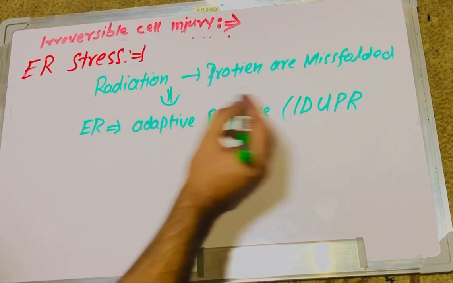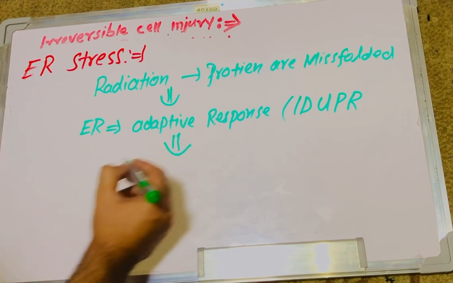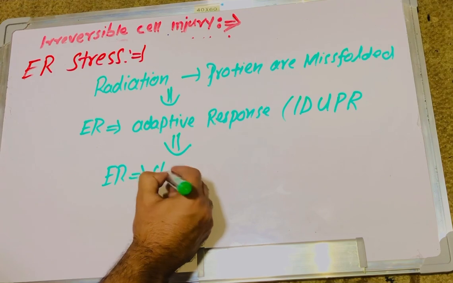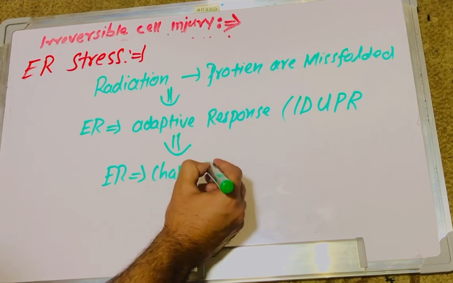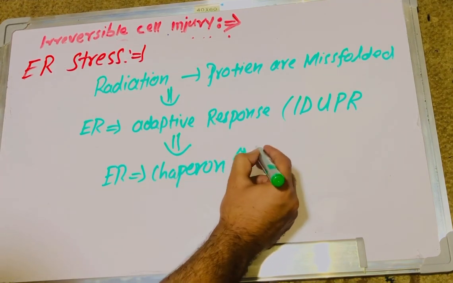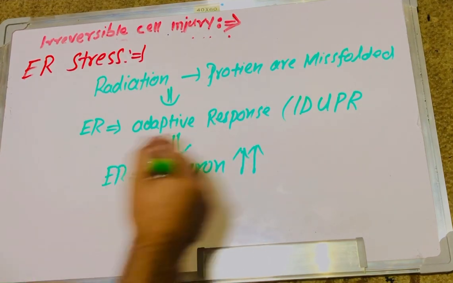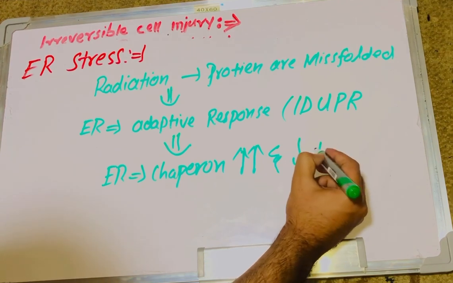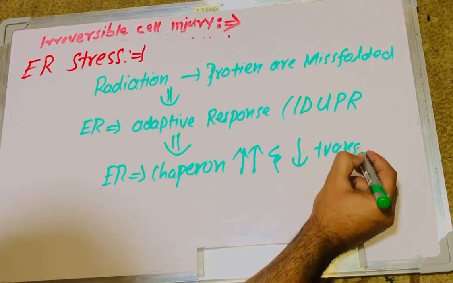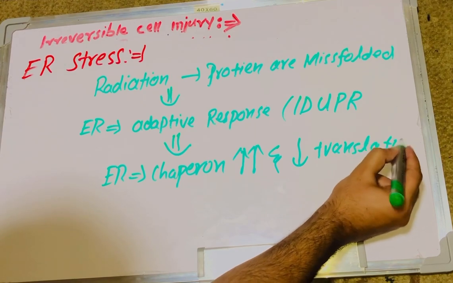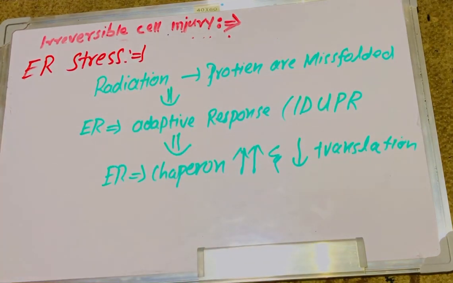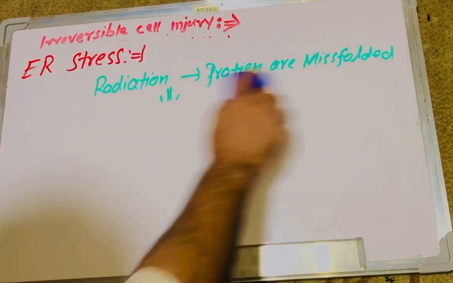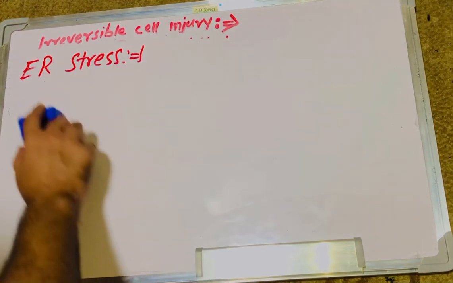What will happen in the adaptive response? The endoplasmic reticulum starts producing chaperone. Chaperone production will be increased and translation will be decreased. If translation does not occur, protein synthesis will not occur, so there will be less chance to produce misfolded protein.